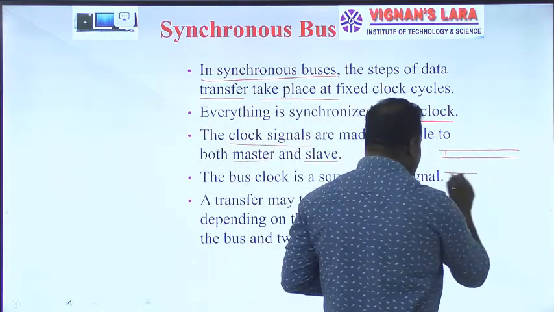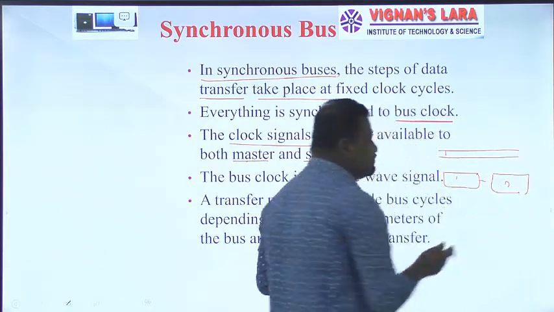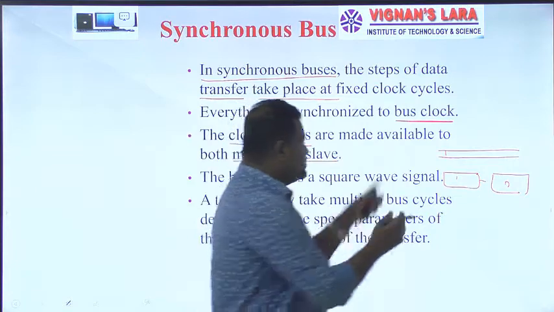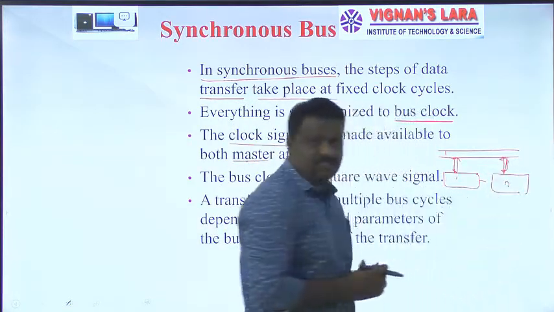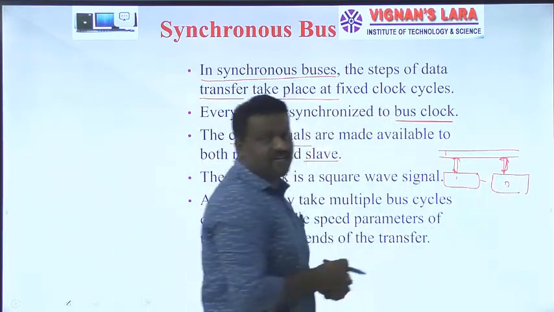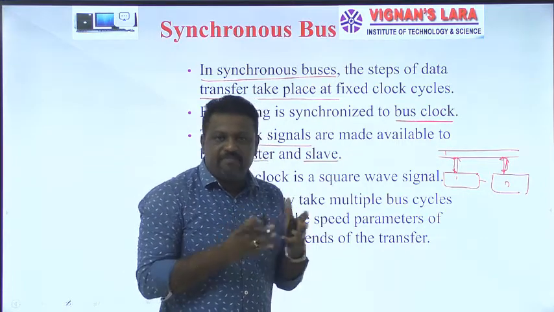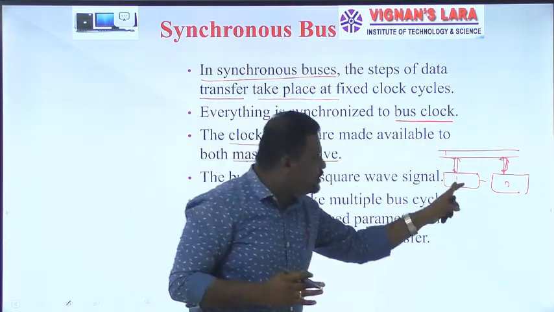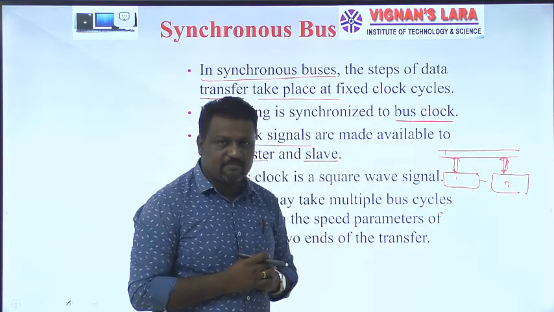Here I connect device 1 and this is device N, with so many devices in between. These devices are connected to this particular bus like this. For example, device 1 wants to communicate with device N with the help of this bus.